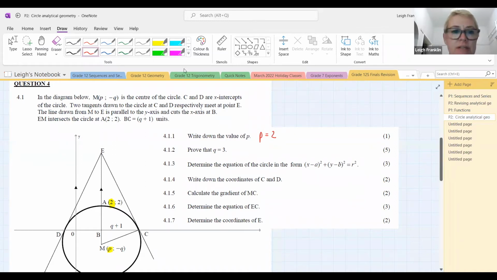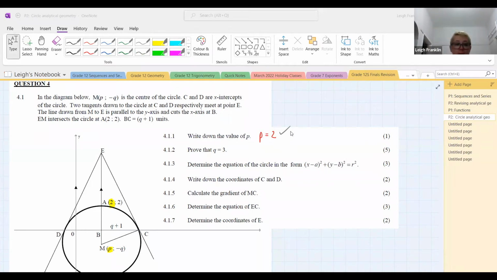So that was easy enough. We'd get 1 mark for that. Now the next question is not so straightforward. They want us to prove that q is equal to 3. It's out of 5 marks.